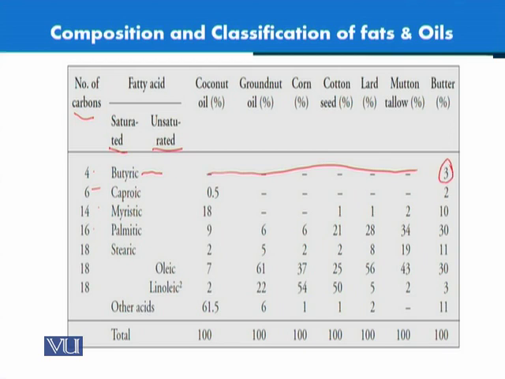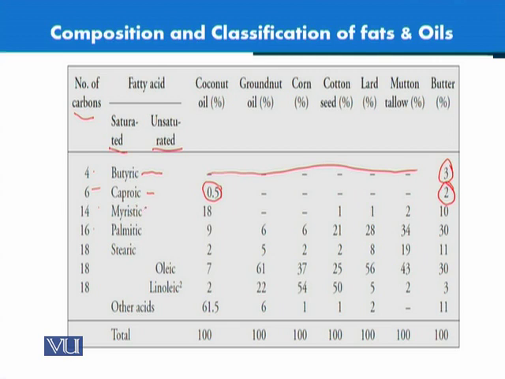Another small chain fatty acid, caproic acid, is a 6 carbon fatty acid. It is present in a very small amount in coconut oil and it's only 2% in case of butter. These are small carbon fatty acids not present predominantly in most of the commonly used fat and oil products.